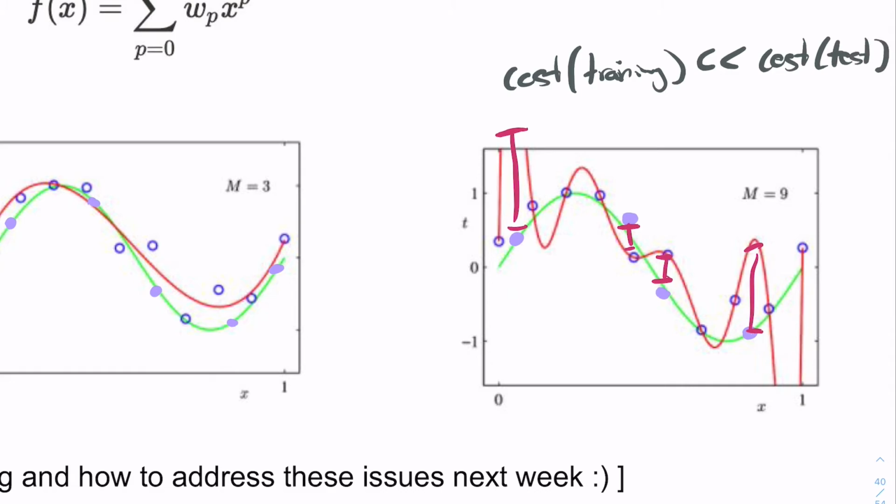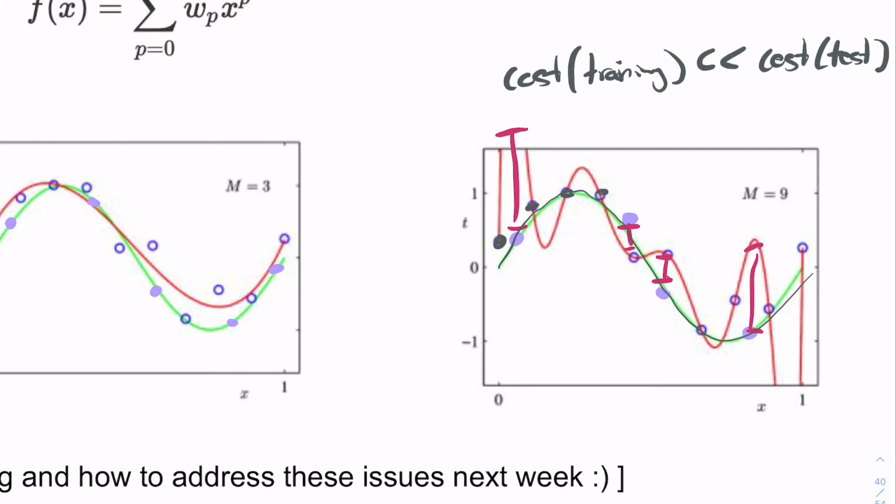Because it's memorized these blue points and gotten the cost basically down to 0, it's done that to the detriment of the model because it actually hasn't learned anything. It's just learned to memorize points. It hasn't learned what the distribution is that we're trying to learn.